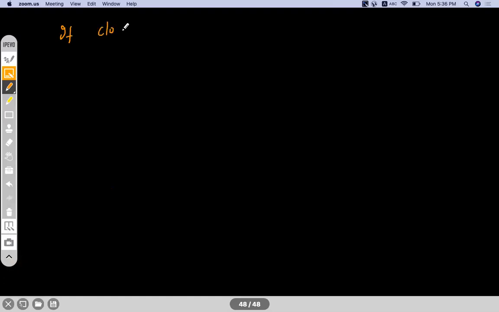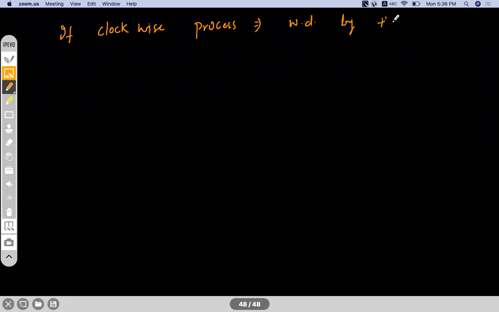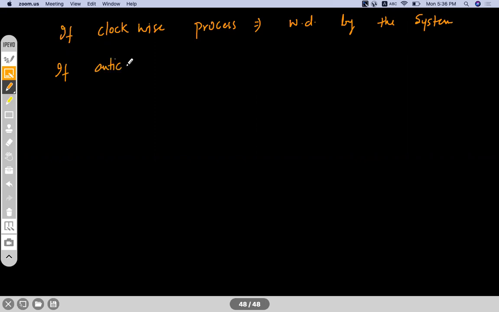If the process is clockwise, then it is work done by the system. If the process is anti-clockwise, work done on the system.